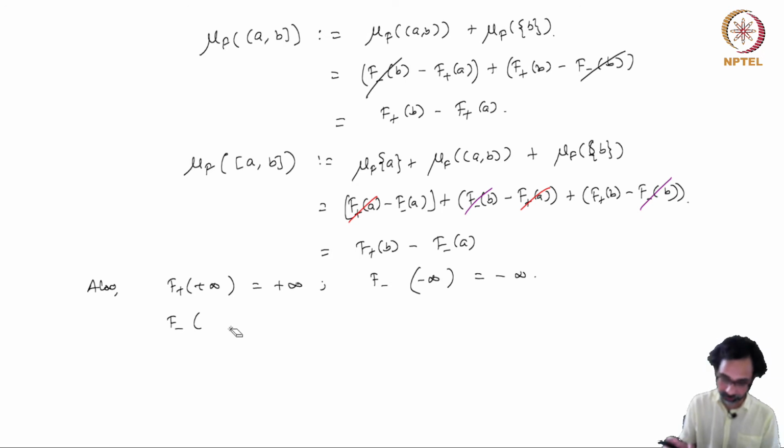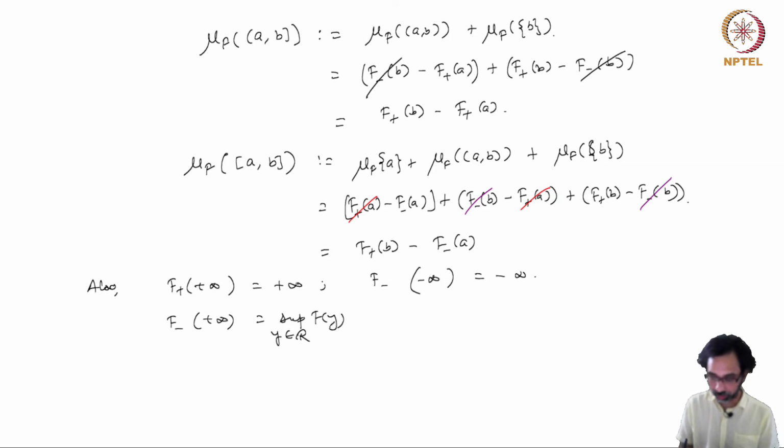And here f minus of plus infinity is the supremum, because we are approaching infinity from the left, so it's the supremum of all values f(y), and when you approach minus infinity from the right, then you should get the infimum of all values f(y).